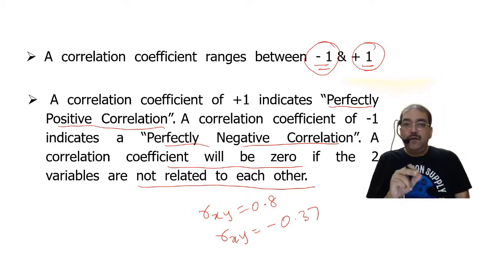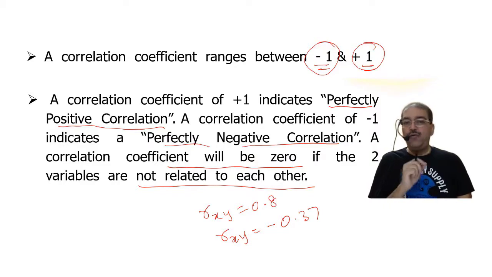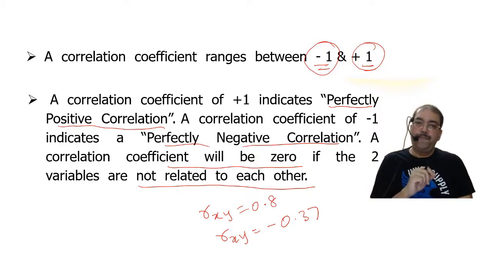It is imperfect negative correlation. If it is exactly +1, perfect positive correlation. Exactly -1, it is perfect negative correlation. If it is between 0 and 1, it is imperfect positive correlation. If it is between 0 and -1, some decimal, then it is imperfect negative correlation. Clear?